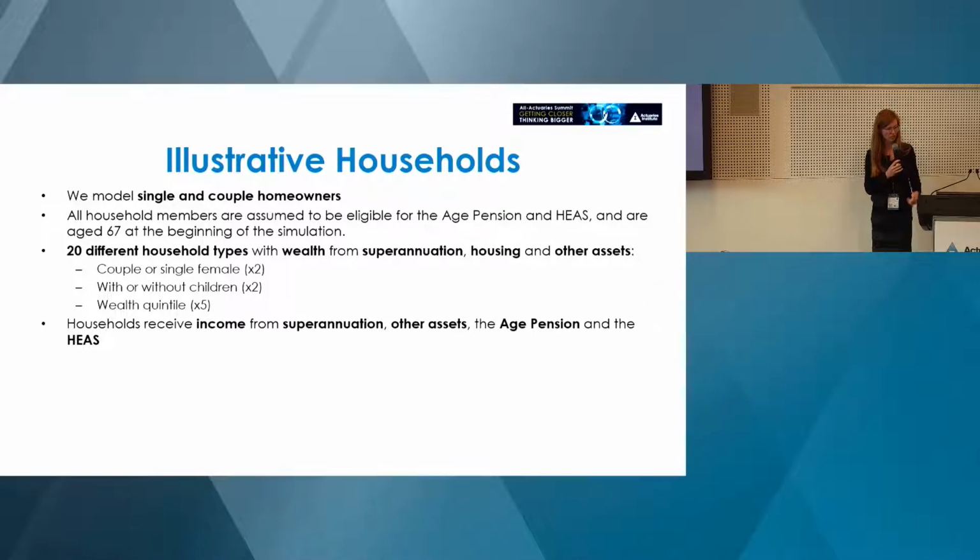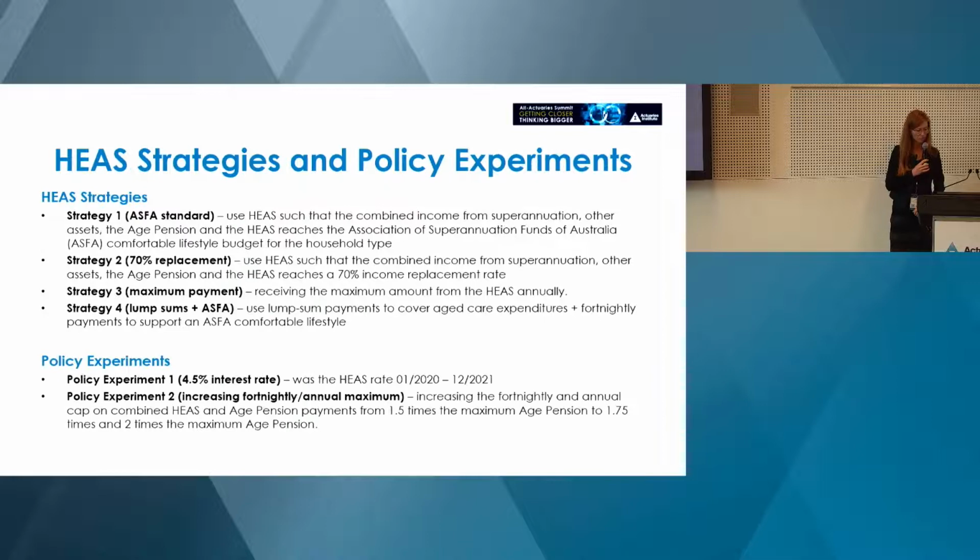So we model single and couple households, and we consider different types of households, with and without children, and at different wealth levels. Households receive income from superannuation, other assets, and the age pension, and they can borrow from the home equity access scheme. We consider different ways of using the scheme.